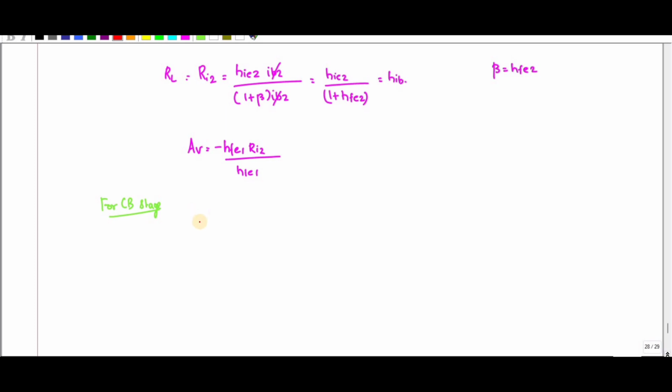So I am doing the similar thing. We know that AV is equal to AI RL divided by RI. So here AI is nothing but minus HFE2, and what is RL? RL is nothing but your RC.